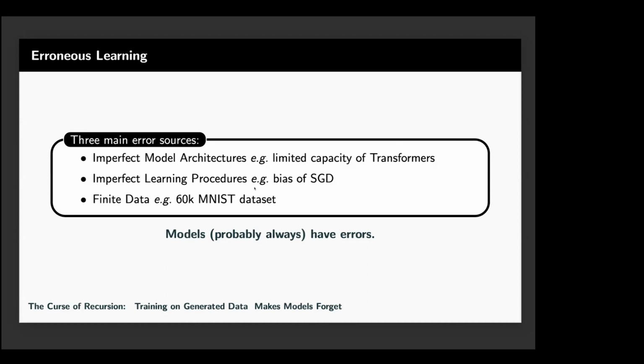And obviously, we have finite data, and I think this is the largest source of error, because 60,000 MNIST images, while that may sound like a lot, if you consider the dimension of the MNIST image itself, in the simplest example, it is going to be 28 by 28, which is going to be about 500.